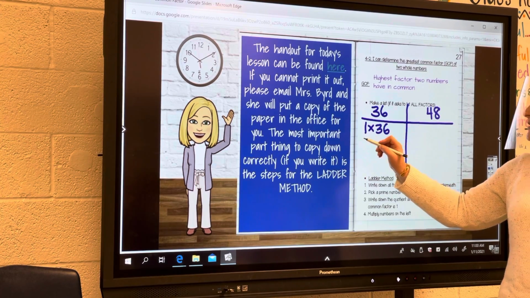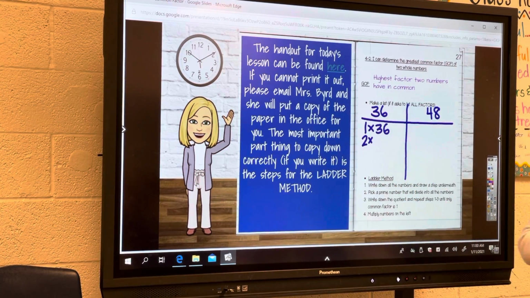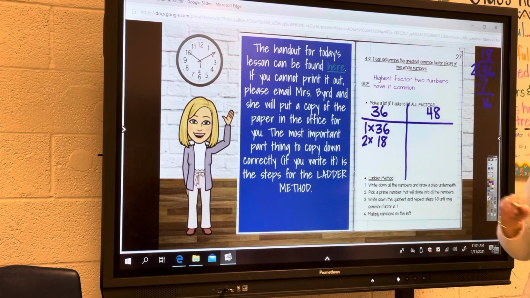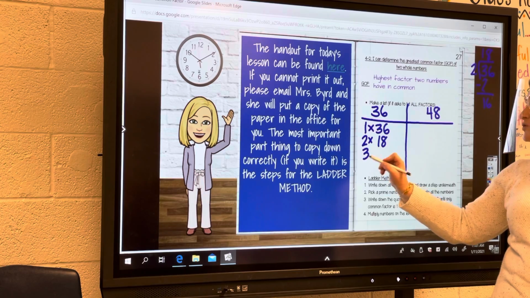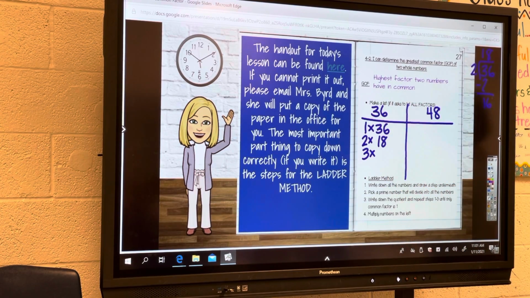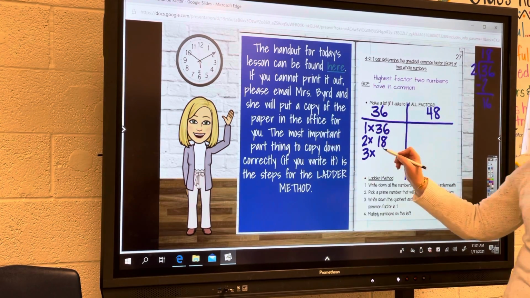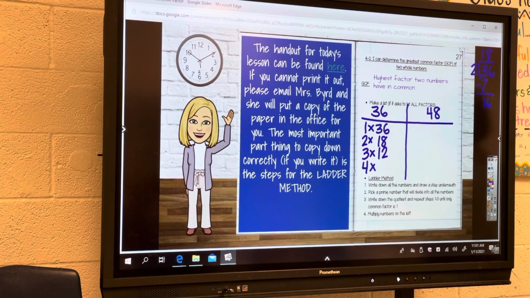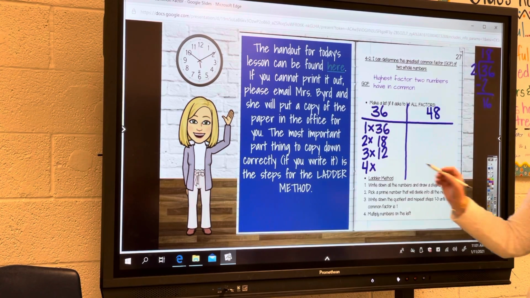It's even, so that means we can multiply 2 times something. 2 times what? 18. 2 times 18. 3 times what? 12. 3 times 12. 4 times 9.